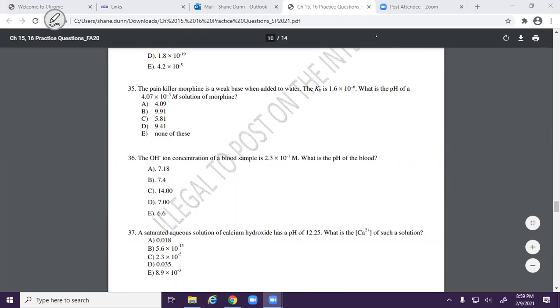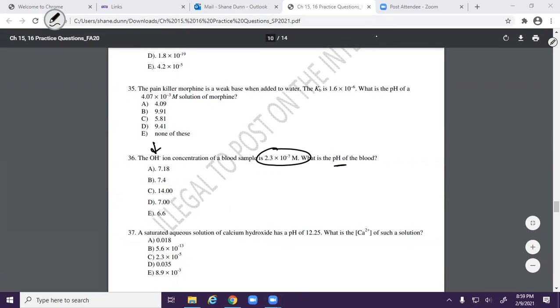Okay. So, what am I solving for in 36? Cool. The OH concentration of blood is this. Okay. How do I go from OH to pH? Well, is this pOH?